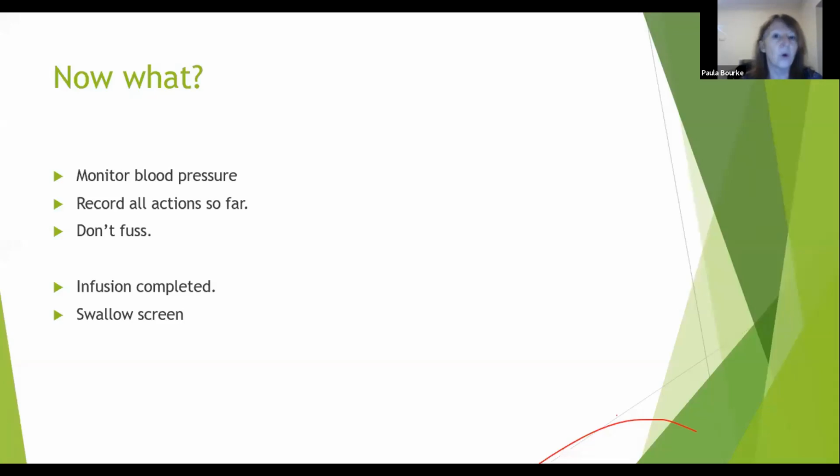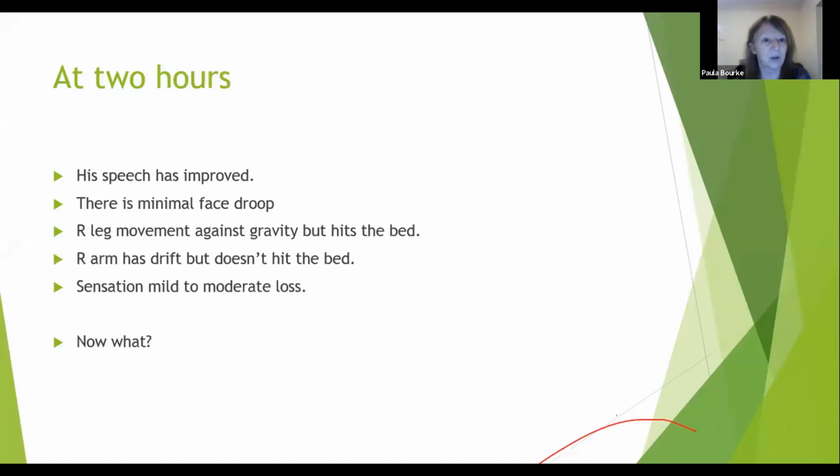That's for blood pressure monitoring, yeah, quarter hourly. Just let him be. If he's sitting on a chair, let him be. Once it's finished, you can start fussing him. So you can then do the swallow screen. Yeah. At 2 hours, you can do the NIHSS, and then you can report to the doctor how the patient's doing and the blood pressure control.